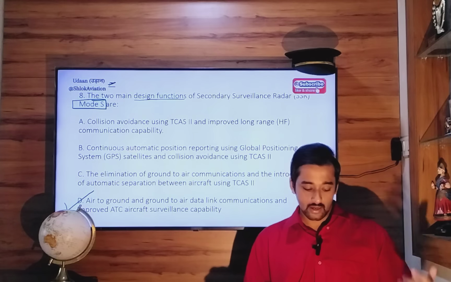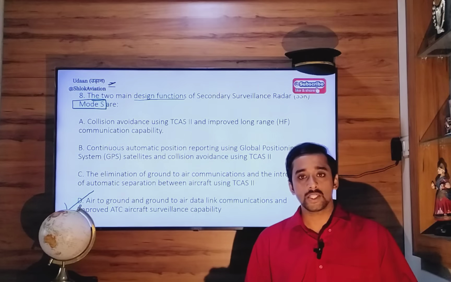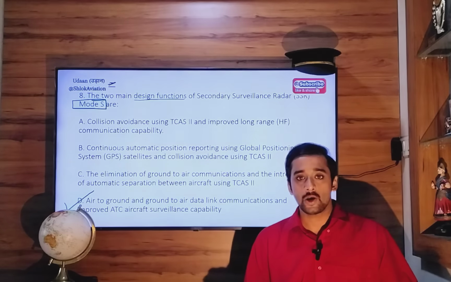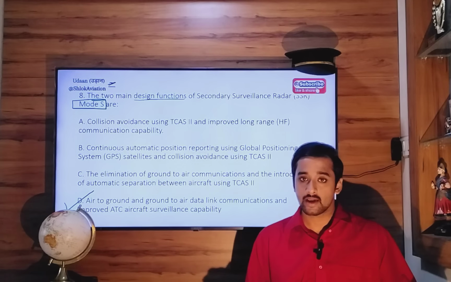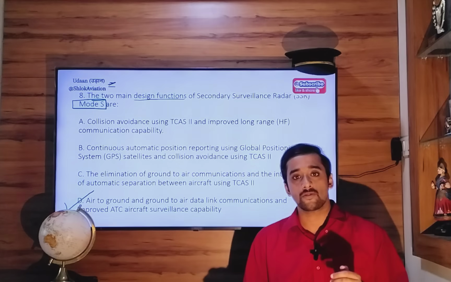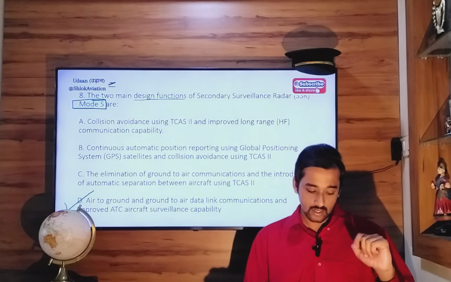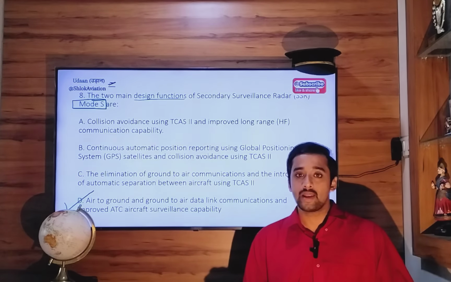The mode S capability of a transponder can transmit many pieces of information to the ground interrogator, like the flight level you're flying at, aircraft identification, wake turbulence category, your ground speed, and many more pieces of information. And the second design function is improved ATC aircraft surveillance capability.